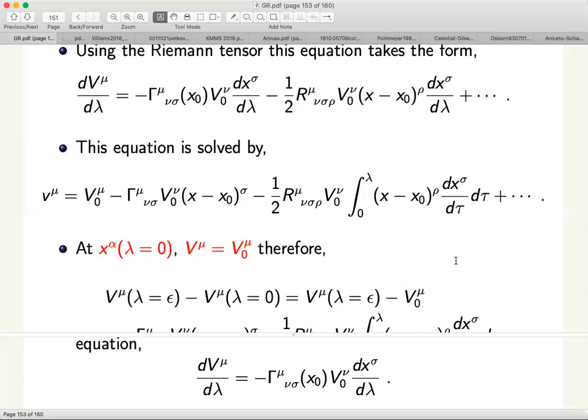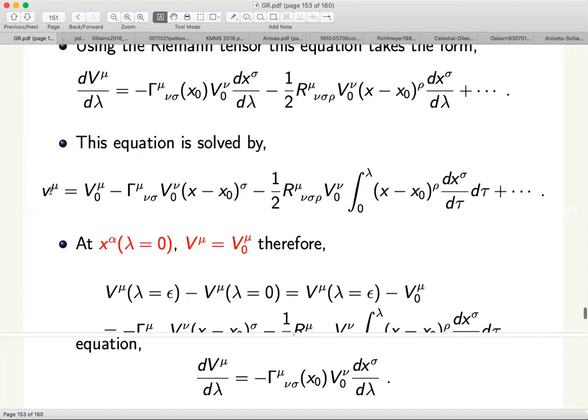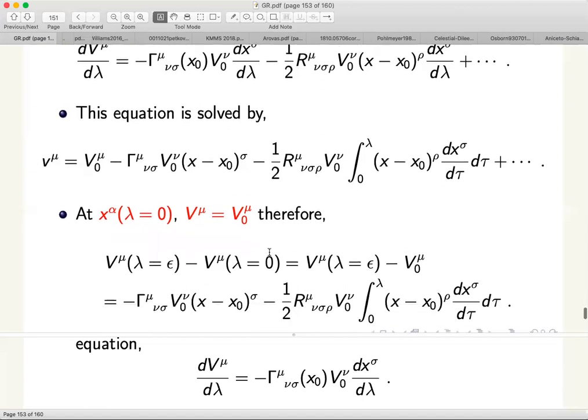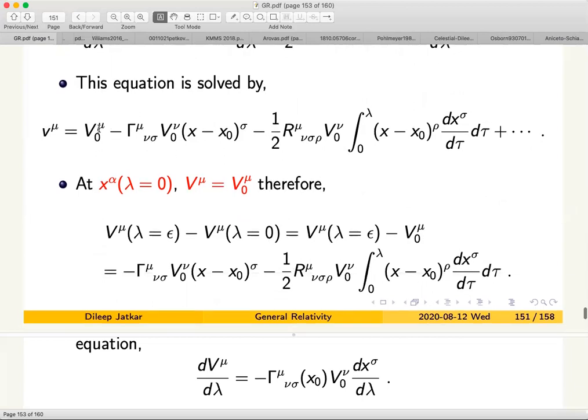And V mu at lambda equals epsilon is this quantity, so you can just plug it in. It cancels the leading piece, and what you land up with is a term which involves gamma times V naught minus half of the Riemann tensor times V naught times this integral. Is that fine?